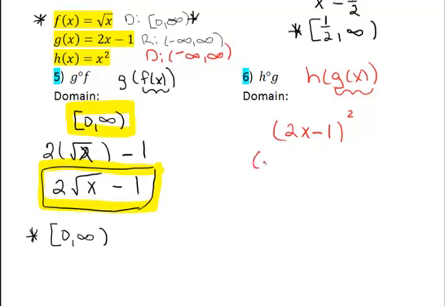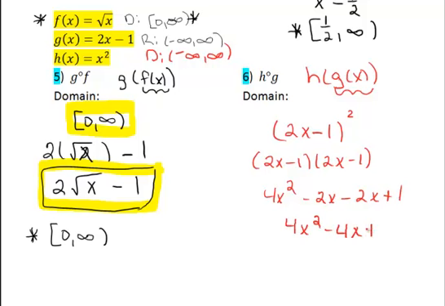2x minus 1 all squared means 2x minus 1 times 2x minus 1. That means 4x squared minus 2x minus 2x plus 1. So we get 4x squared minus 4x plus 1. This is the composition. And what is the domain of just this?